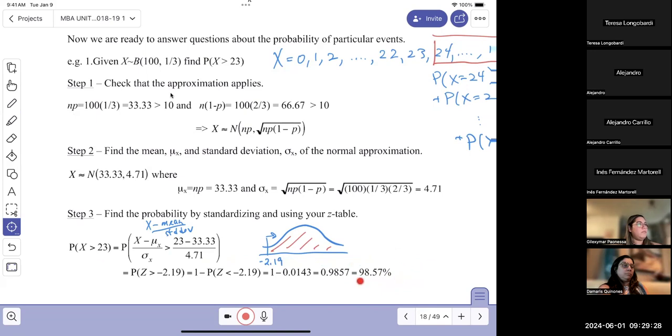Almost 100%. It's like 99%. So I'm talking about the results of a sample, right? That's basically what I'm doing here.